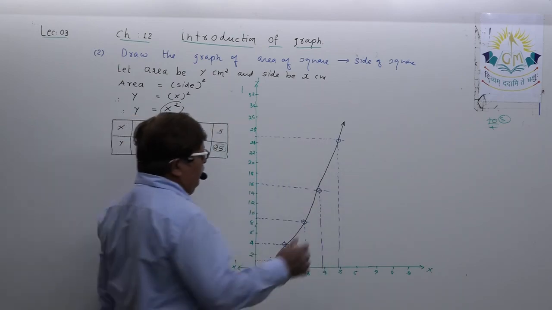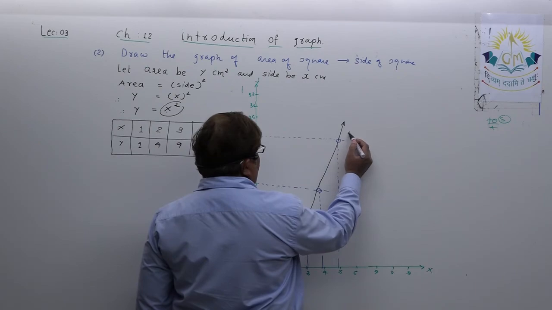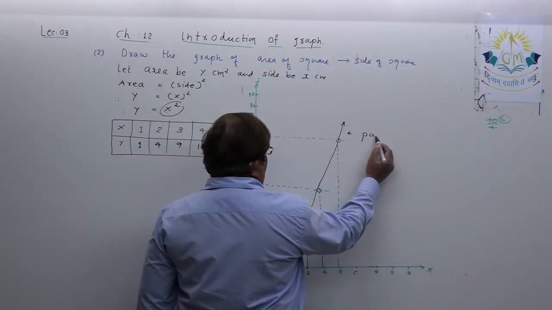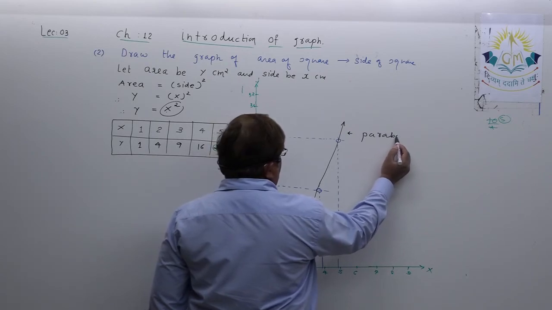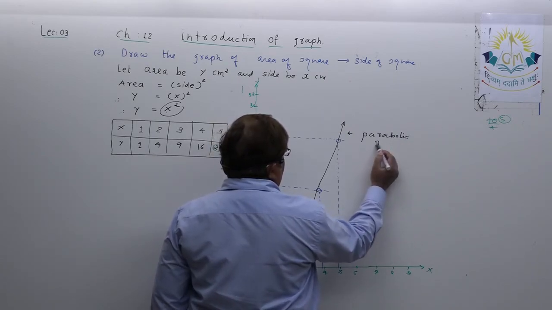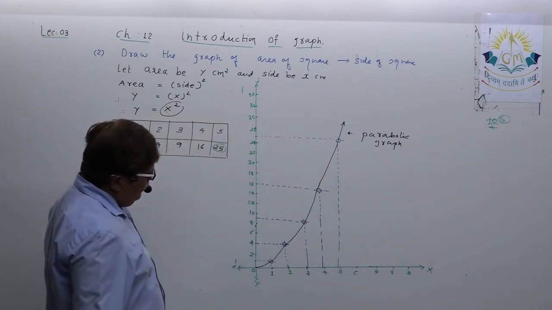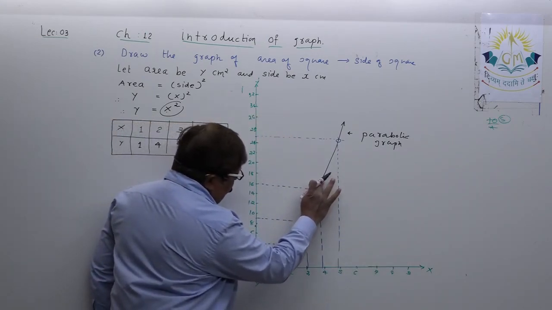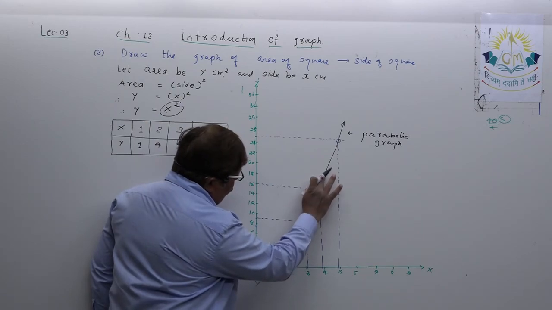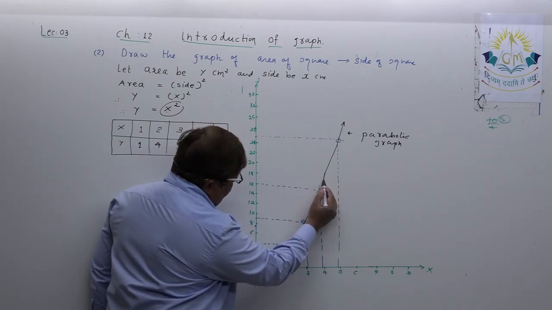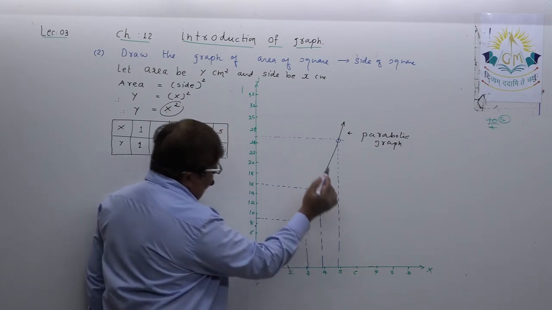And this graph which we have drawn just now is actually called a parabolic graph, not a straight line. What is that? Parabolic graph. I could not draw it perfectly, but you need to be very conscious that your graph passes through all the points.